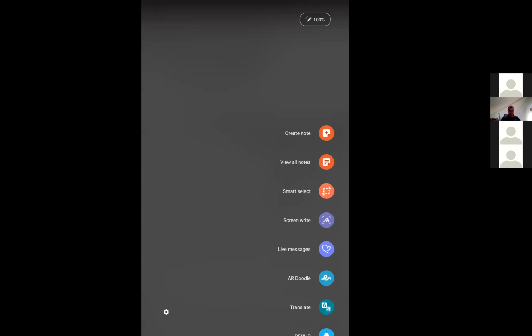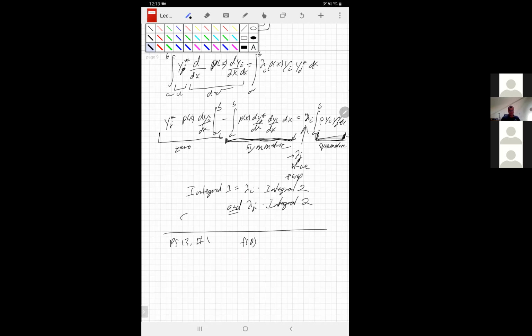F of theta equals the sum of C_L P_L of cosine theta, from L equals 0 to infinity. We know that that's also cosine to the 4th theta.